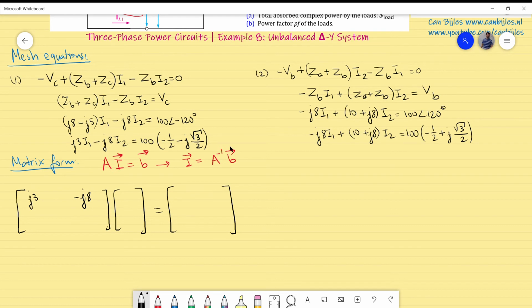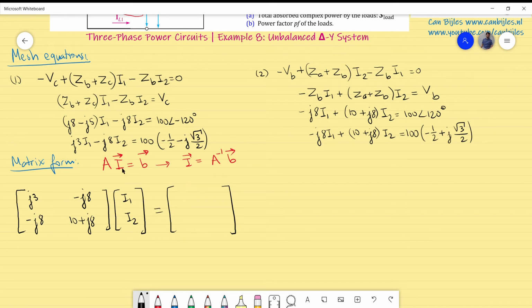For the second equation we have minus j8, and the second term is 10 plus j8. This will be A1 and A2.